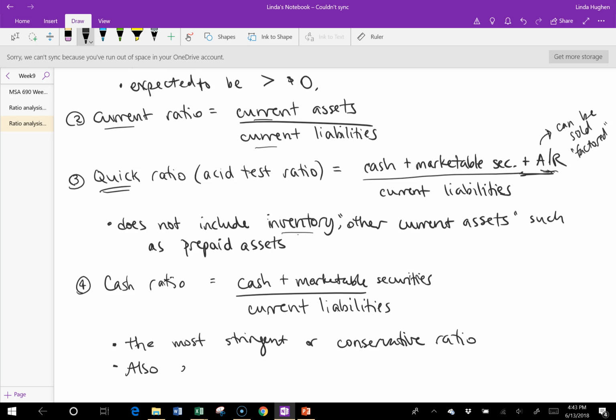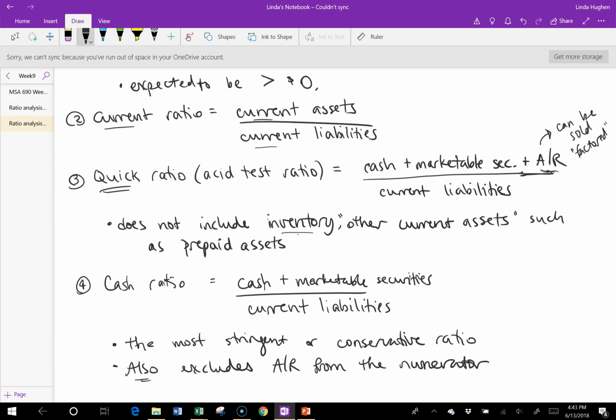It also excludes everything that the quick ratio excludes, but it also excludes accounts receivable from the numerator. Why is that? Well, what's the purpose of the cash? To be used to pay off bills. What is the purpose of marketable securities? Excess cash, simply invested to earn a higher return than a savings account.